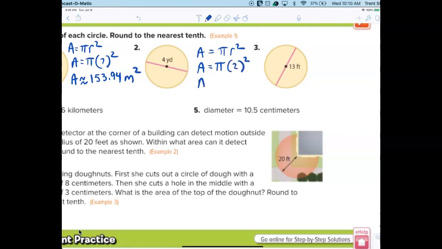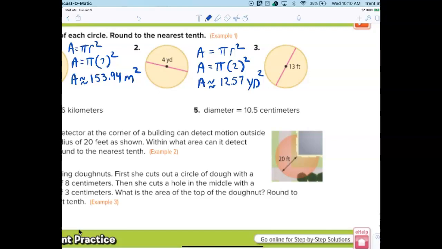So now plug that into your calculator and tell me what the answer is. 12.57. And then what units? Yard squared. Yes, square yards or yards squared.